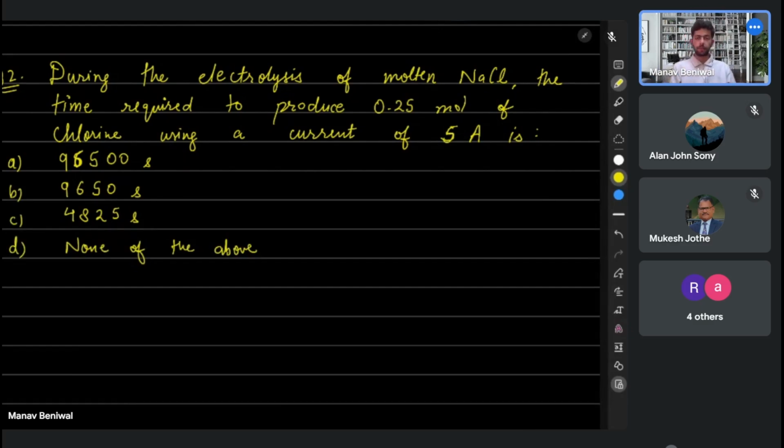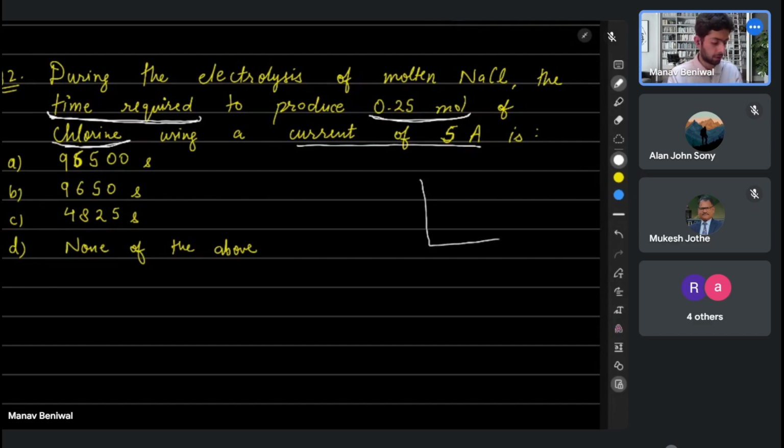Okay. So let us understand the problem. What does the problem ask? It asks us to calculate the time required. Okay, so we want to calculate what is the time required to produce 0.25 mole of chlorine, and the current given to us is 5 amperes, right? So we have a solution of NaCl here, right?